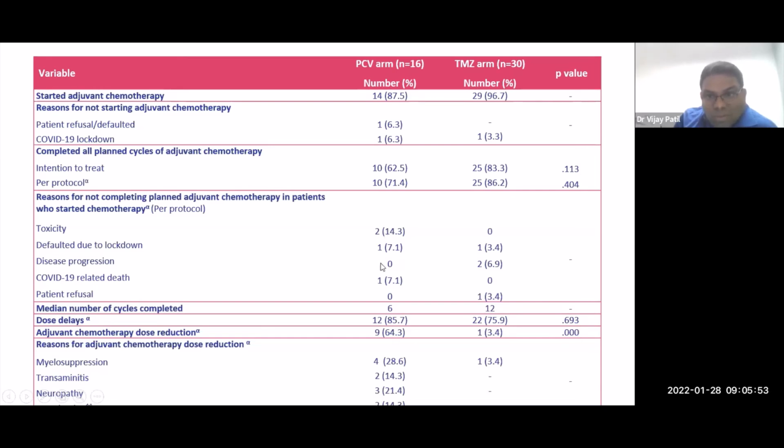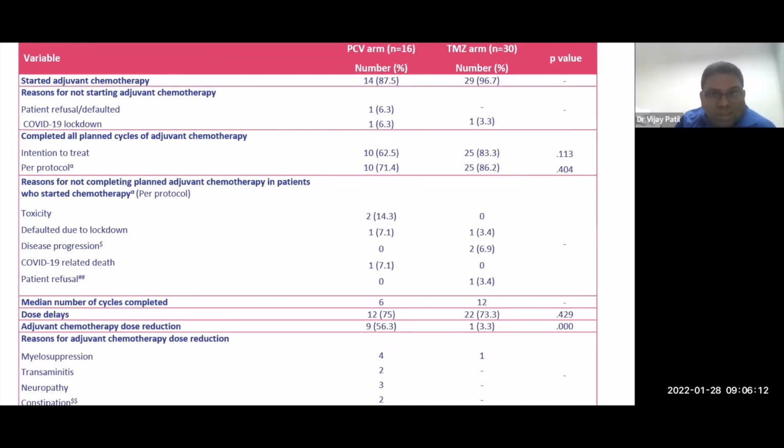COVID-related deaths and defaults were also reasons in PCV. Our median number of cycles was 6 as opposed to 4 and 3 for temozolomide. We had a lot of dose delays and dose reductions, mainly because of myelosuppression, bronchitis and neuropathy. Overall, 71% completed all cycles on per protocol analysis.